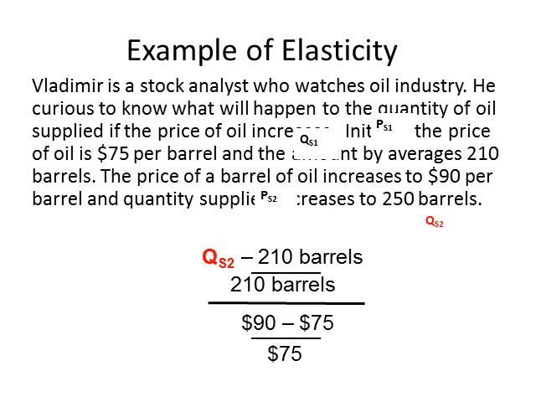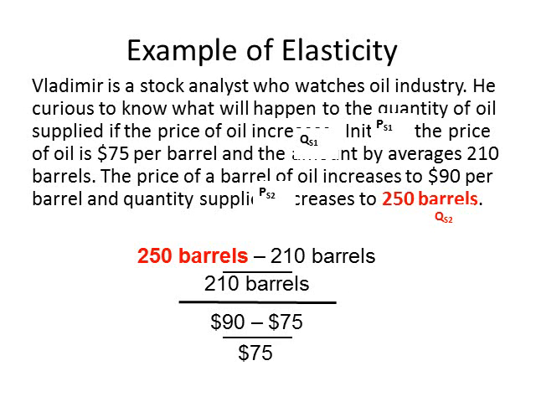Next, locate QS2 in the problem and in the formula. Notice that 250 barrels of oil are associated with QS2. Replace QS2 in the formula with 250 barrels.